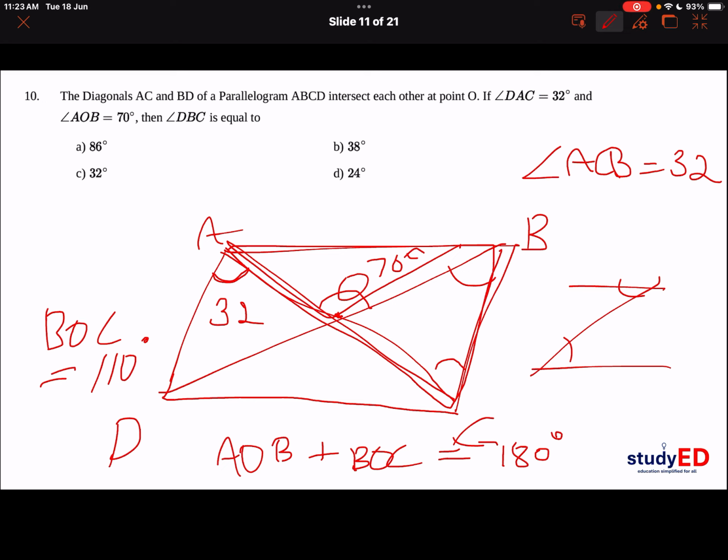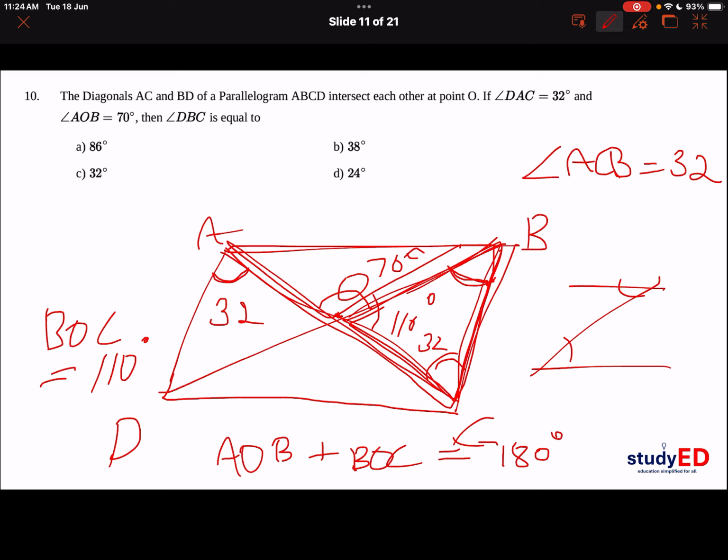Now, you take the entire triangle BOC again over here. We observe that this angle BOC is 110, OCB, this angle is 32. And we're told to find the value of CBO over here.